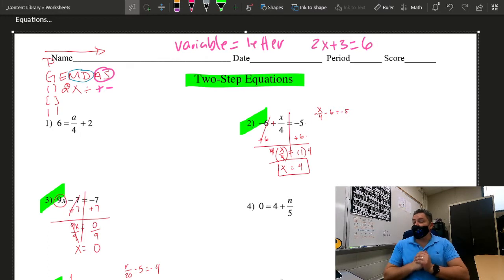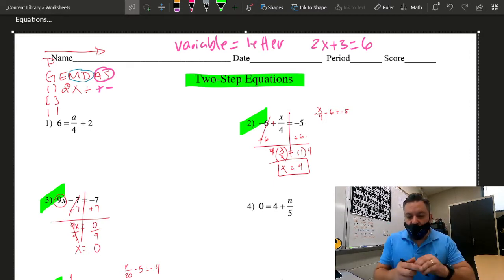Simple as that. Let me say it one more time. The first step, you're going to add or subtract. The second step is going to be multiply or divide. Let's go ahead and get started.